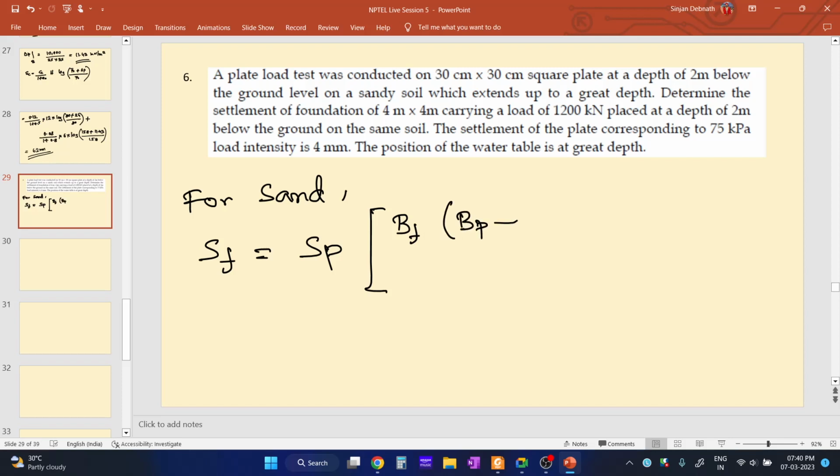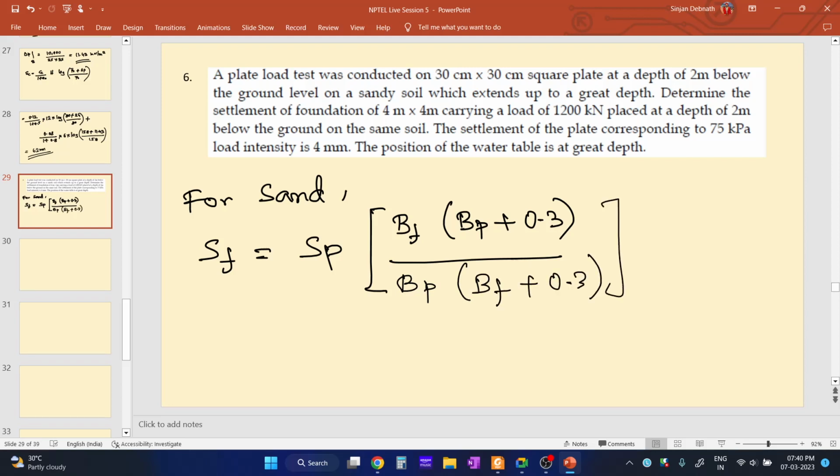BP is the breadth of the plate. SF equals SP times the quantity BF times (BP plus 0.3) divided by (BP times (BF plus 0.3)), all squared. This is the plate load test equation for sandy soil. So using this equation, you can extrapolate the plate load test settlement to the original foundation settlement.